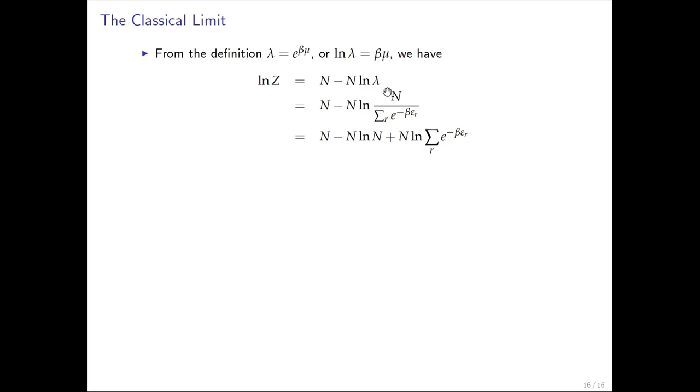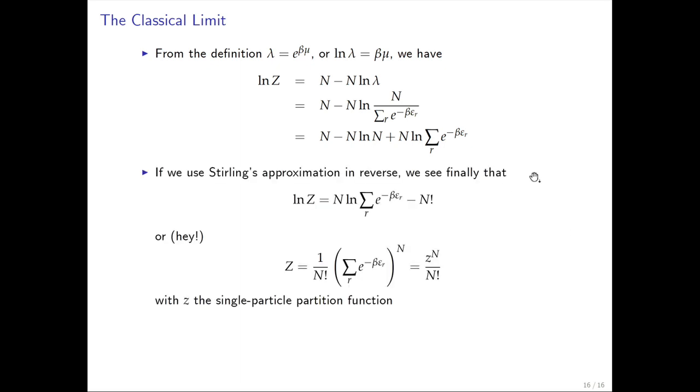Let's just plug lambda in again, what we found for what lambda had to be based upon the constraint on total number of particles. We write it this way, or just writing it all out as different terms, we have N minus N log N plus N times this factor. And so, you can use Stirling's approximation in reverse, basically.